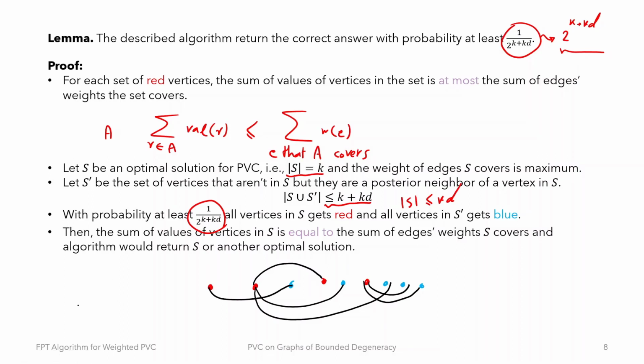And then we show that if this happens, then the value of all vertices of S is exactly equal to the sum of weight of edges S covers.